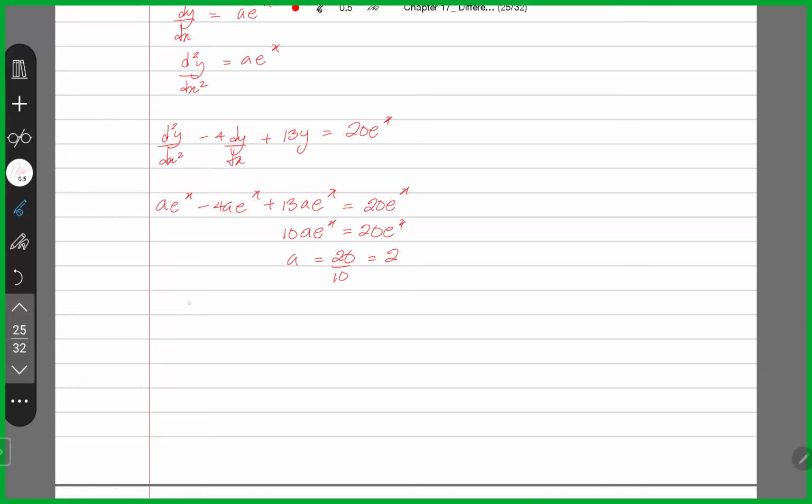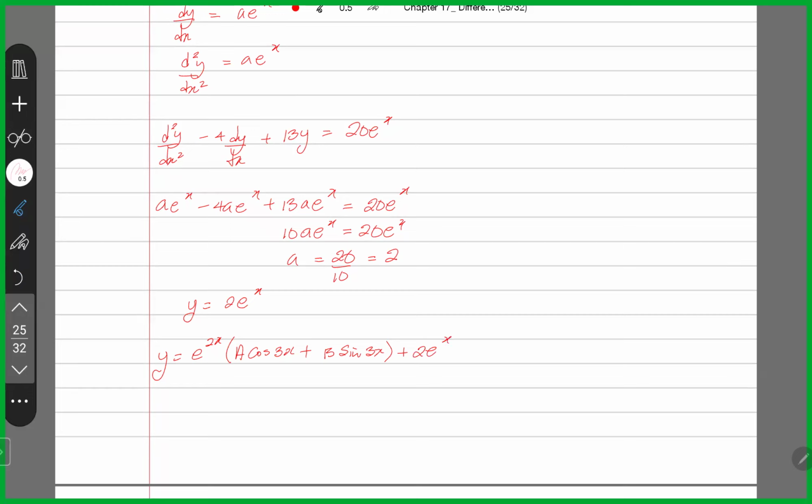So y is equal to 2 e to the x is a particular integral, and y is equal to e to the 2x, open bracket, a cos 3x plus b sine 3x plus 2e to the x is our general solution.